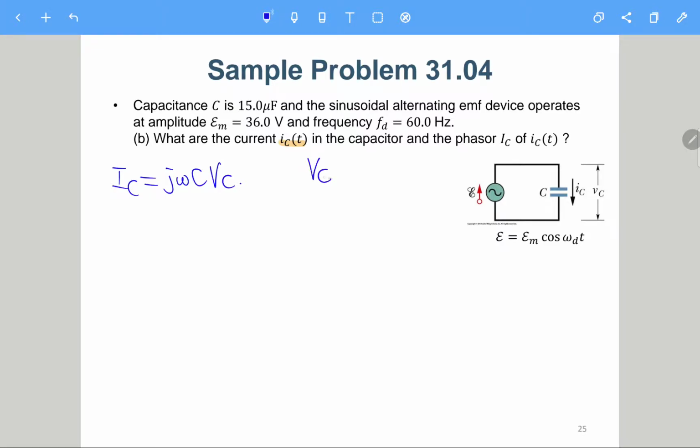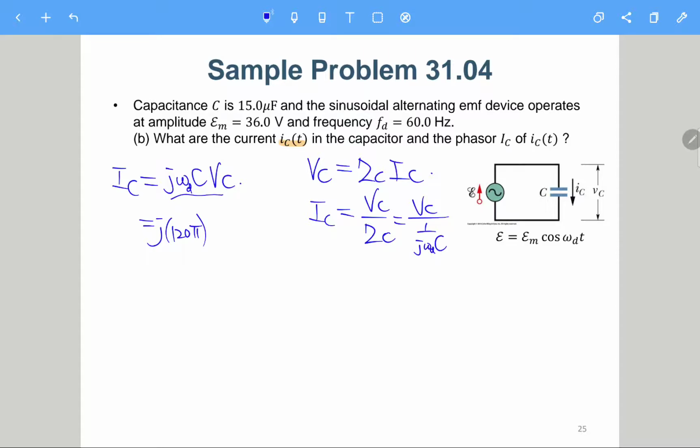We have V_C equals Z_C times I_C, which means that I_C equals V_C over Z_C, and Z_C is 1 over j omega_d C. So finally we have this expression, j omega_d C V_C. So omega_d is 120 pi, and C is 15 times 10 to the minus 6, and V_C is 36.